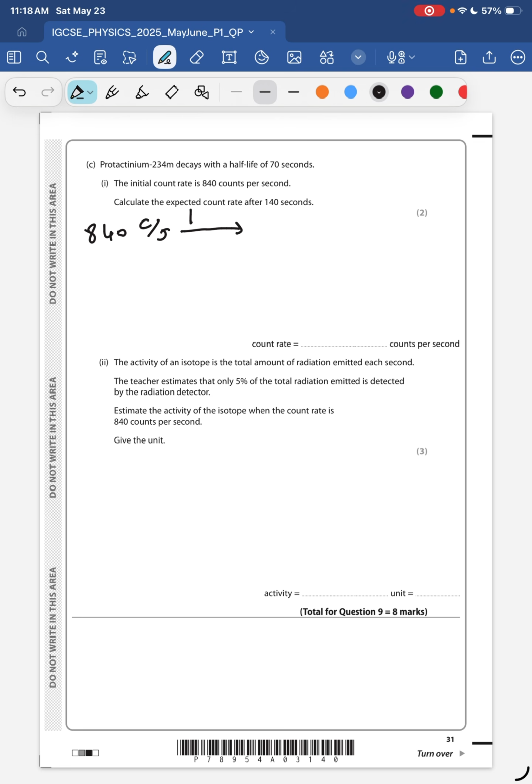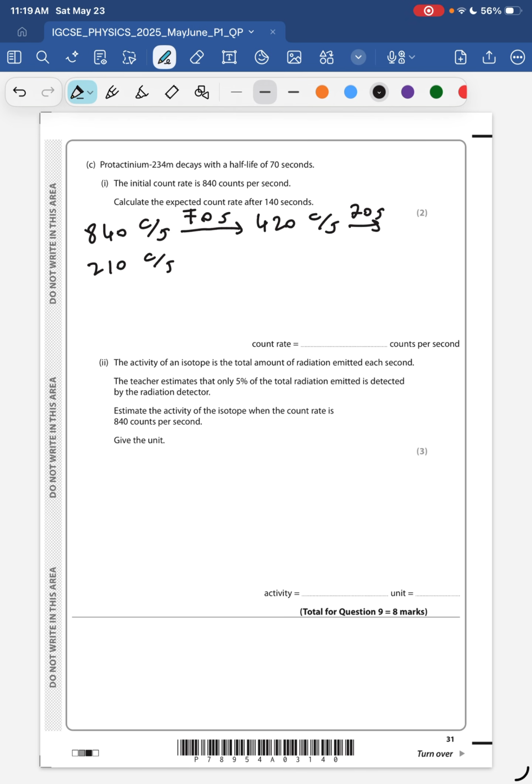In one half-life, which is 70 seconds, you will have half of that, so 420 counts per second, and then in another 70 seconds for a total of 140, that's the second half-life, so you will have a halving again, so 210 counts per second is our answer.